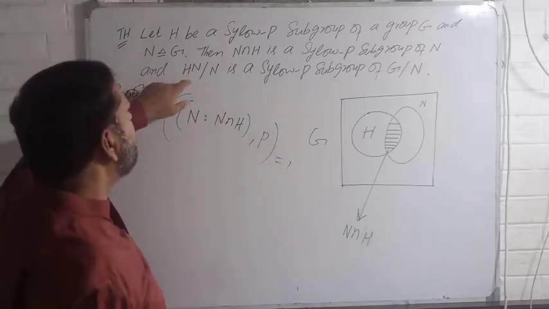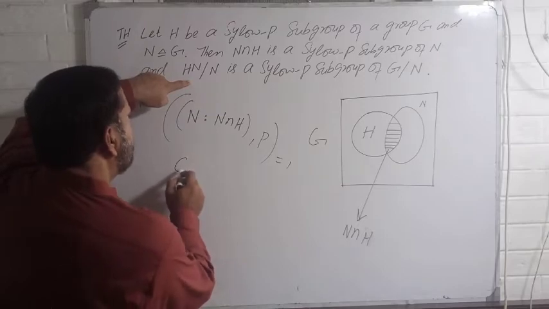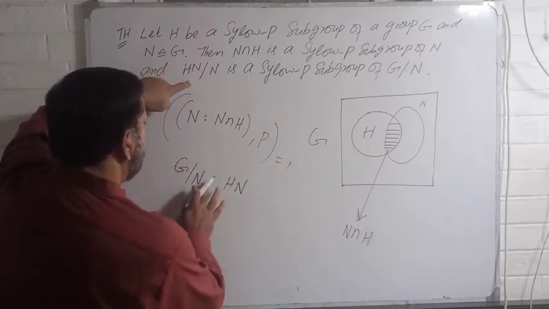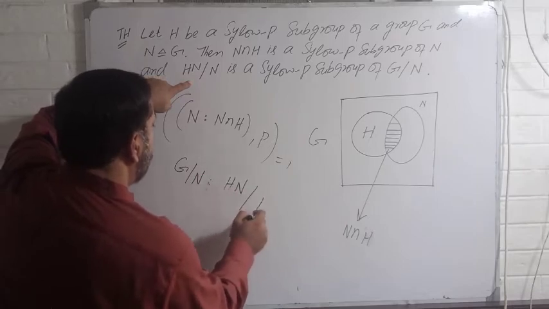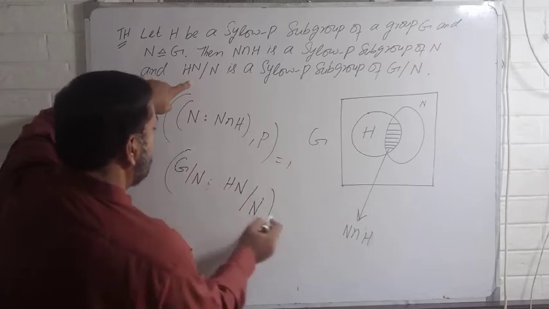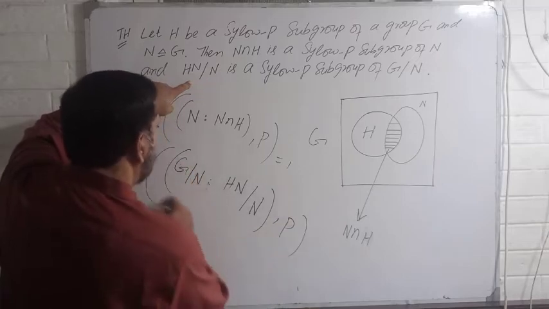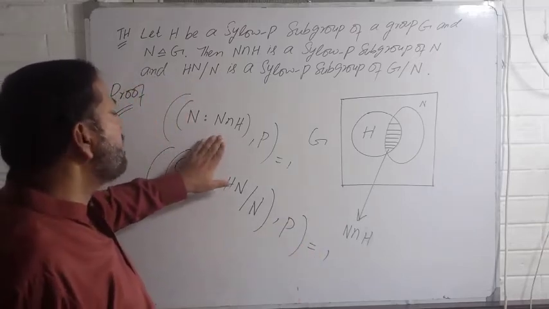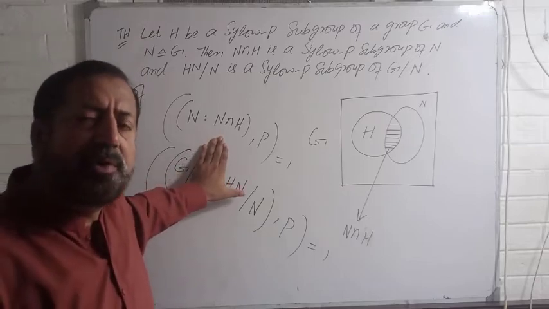And secondly, you have to show that the index of HN by N in G by N and p are relatively prime. So this is another definition of a Sylow-p subgroup.